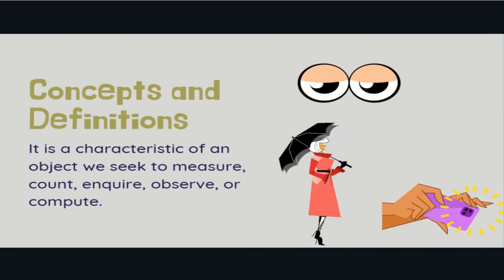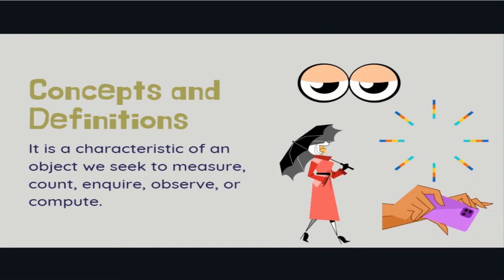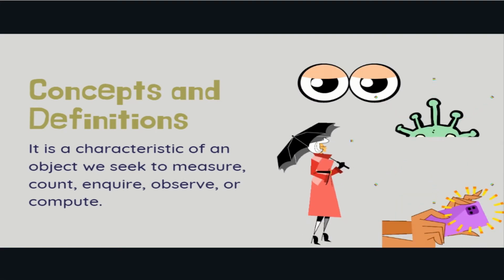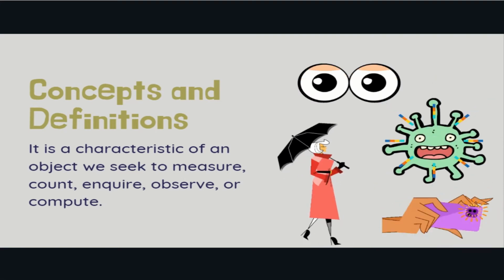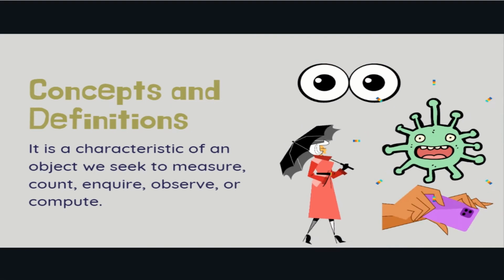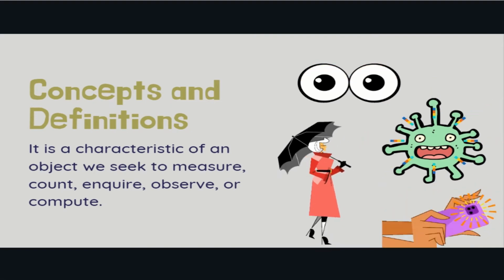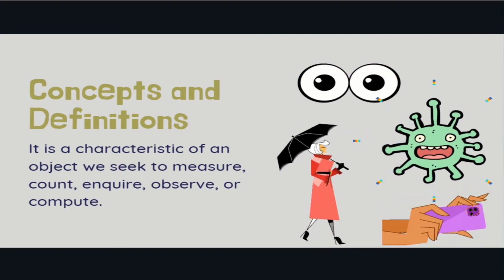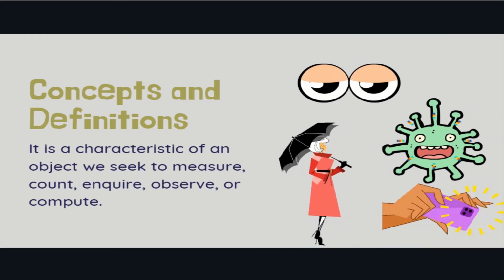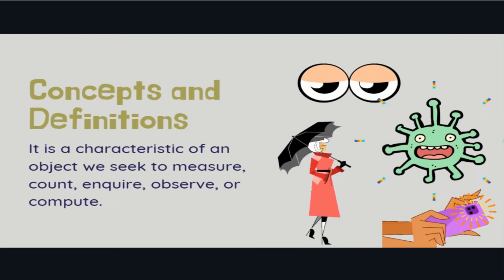Another definition is that a variable is a characteristic of an object we seek to find out by measuring, counting, inquiring, observing, or computing. The object can be an eye, a person, a mobile phone, or a virus.